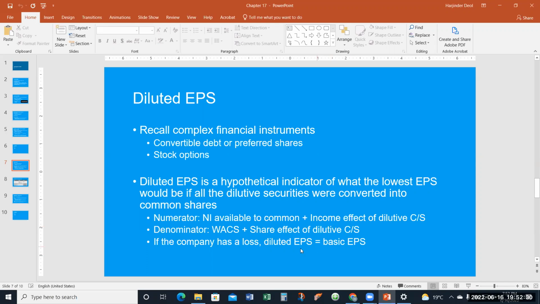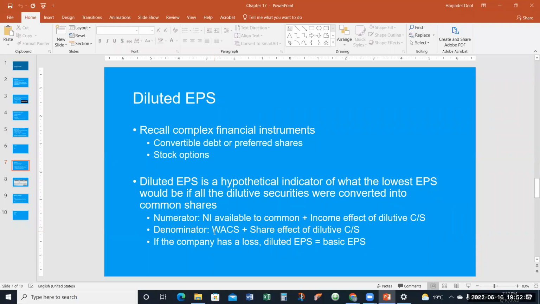And in the denominator, I'm going to need to add the share effect of the dilutive common shares to the weighted average common shares. Now, when I divide the numerator by the denominator, if the dollar amount that I get is lower than the previously calculated EPS, then it's dilutive. If it's not, then there is no dilution.